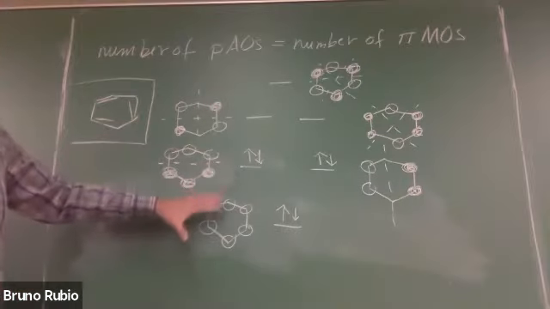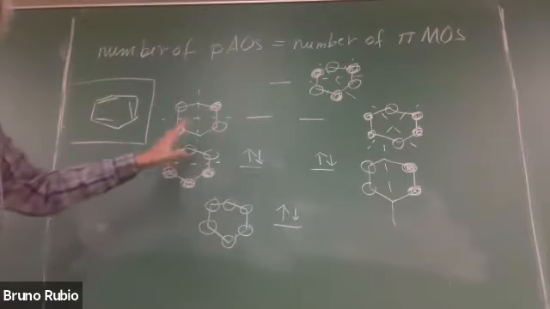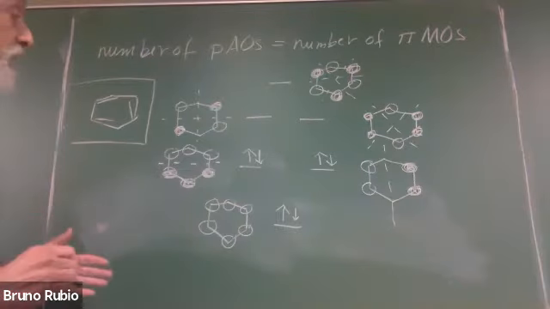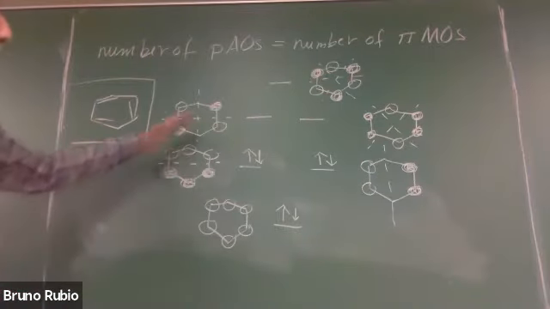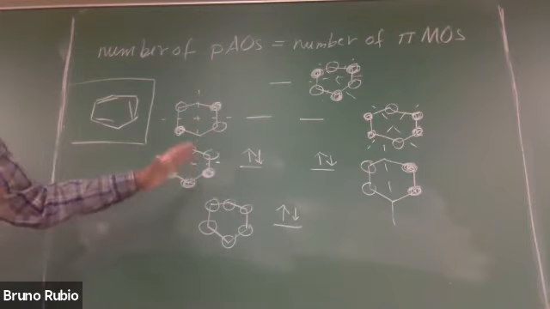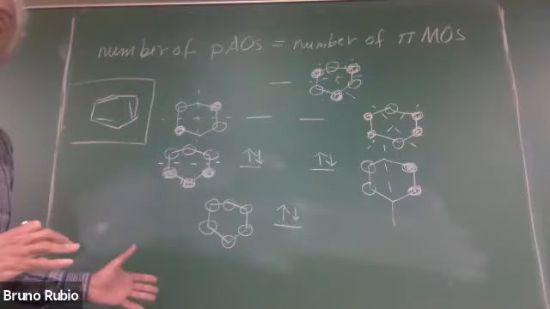Okay, and from this picture, we understand the theoretical concept of aromaticity, which is that an aromatic molecule has a full closed shell of pi electrons.